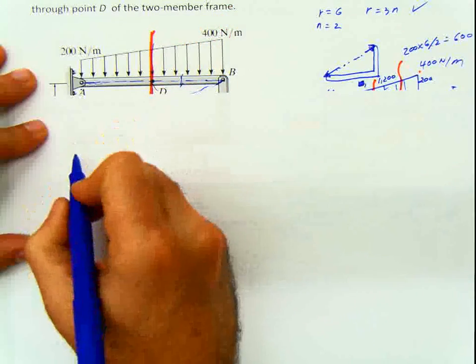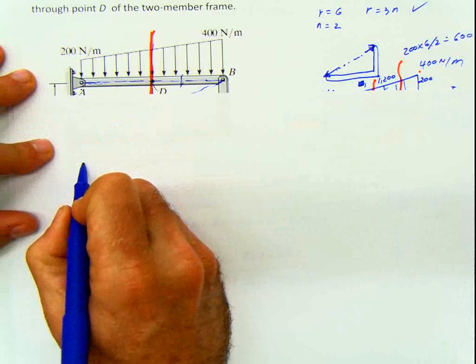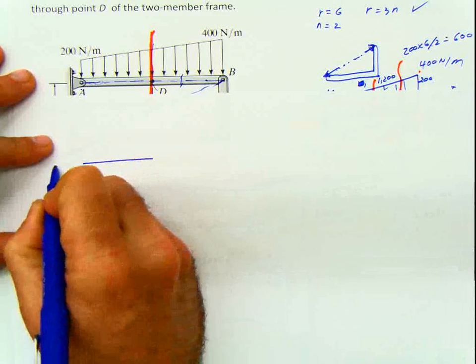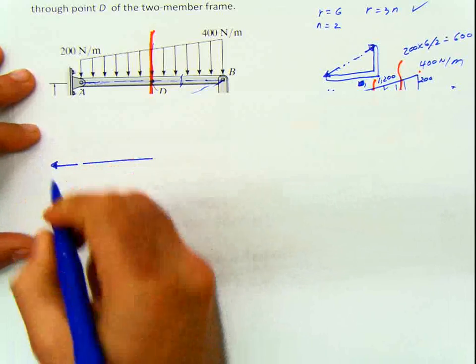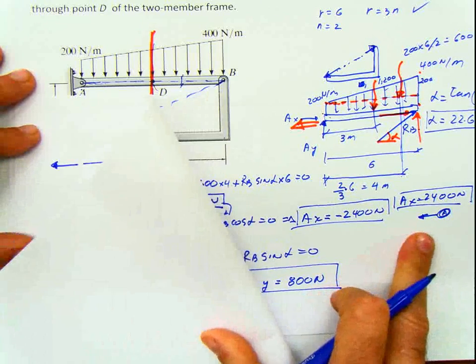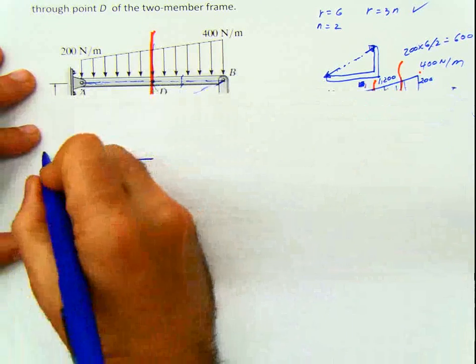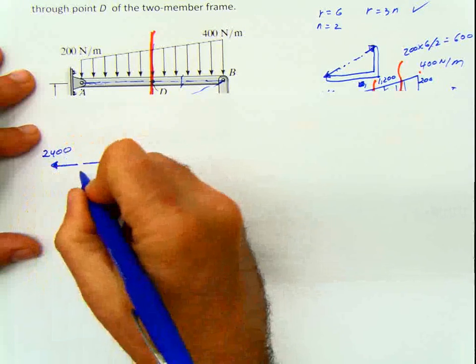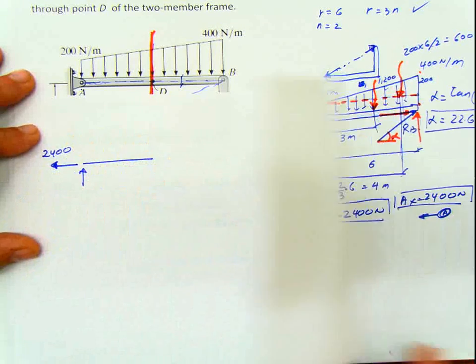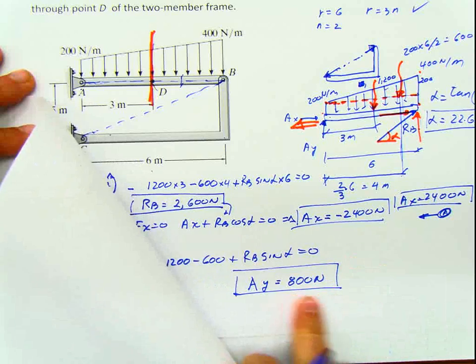If I make that section, we will have the beam, the AX reaction. Remember, the reaction is acting in this direction, 2400, and I have AY. AY is 800, which we calculated before.